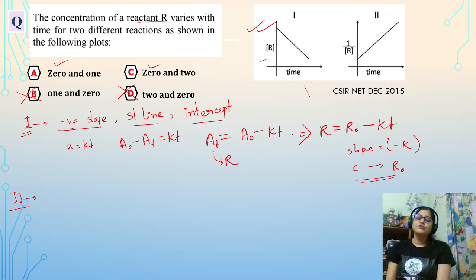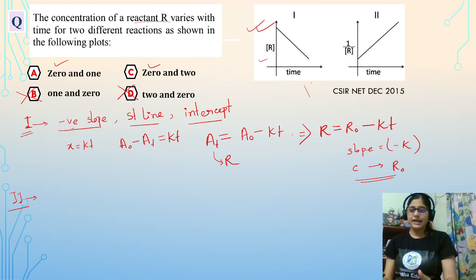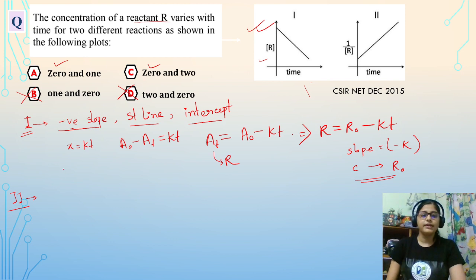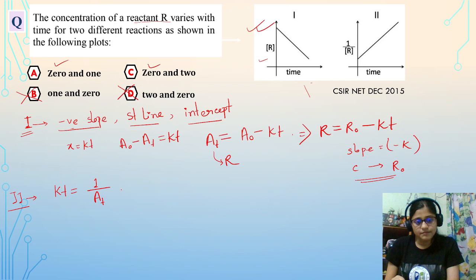Okay, so the zero order reaction we have seen. Which reactions are left? Only second order and nth order. So let's say the second order reaction. For second order reaction, the rate equation is Kt equal to 1 by At minus 1 by A0.